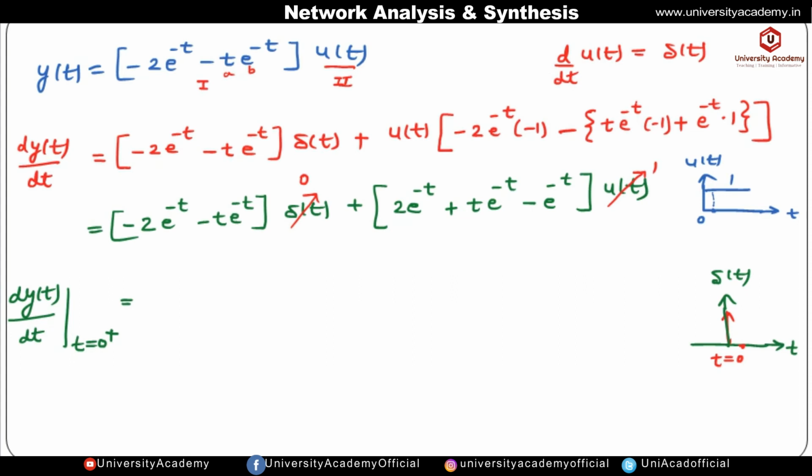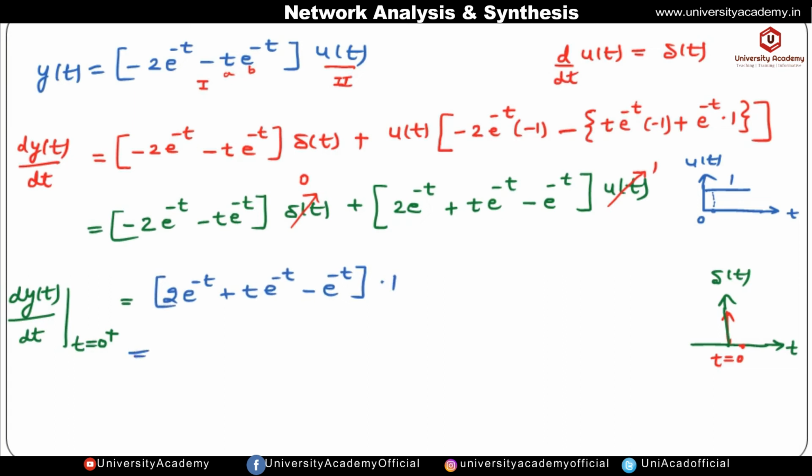So u of t at t is equal to 0 positive is plus 1, so this entire term will become 0, and it will be equal to 2 into e to the power minus of t, and then plus t into e to the power minus of t, minus e to the power minus t into 1.